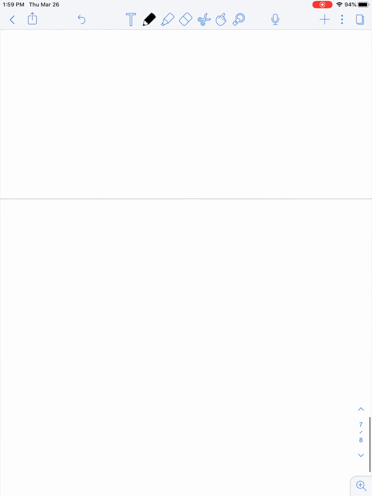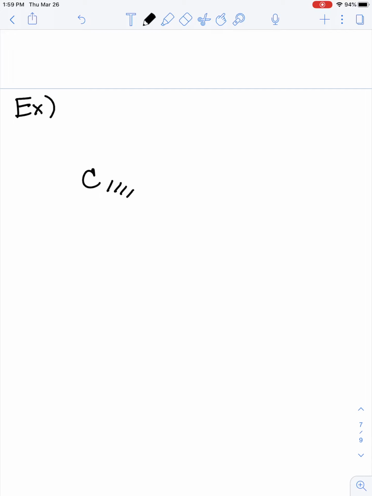So let's look at an example, kind of a more complex example. So if we have something that looks like this. All right, so we have something that looks like this molecule here.